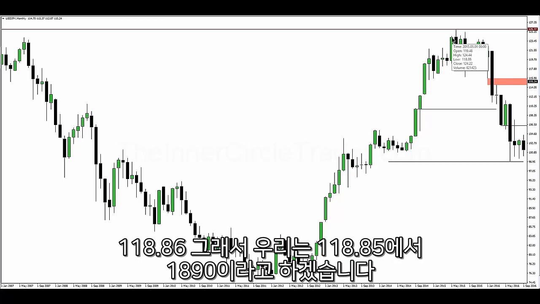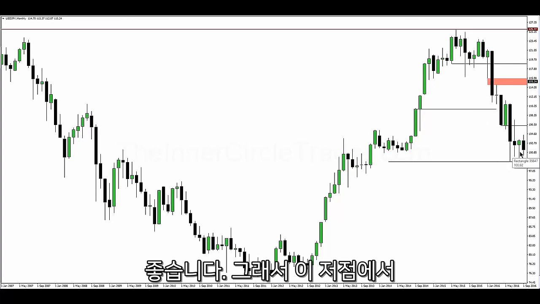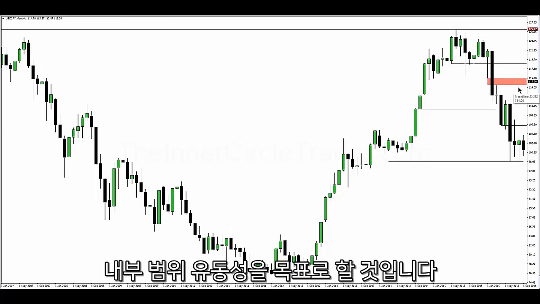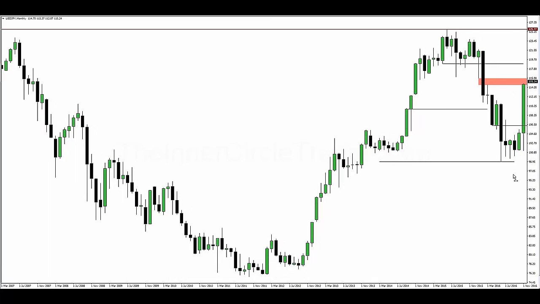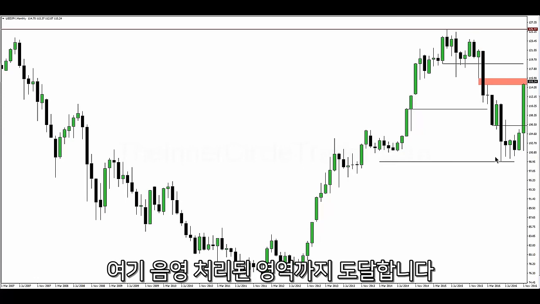So we'll call it 118.85 to 118.90. Inside this range from this low to this high, we would be aiming for internal range liquidity. Price trades all the way up, right into the shaded area here.